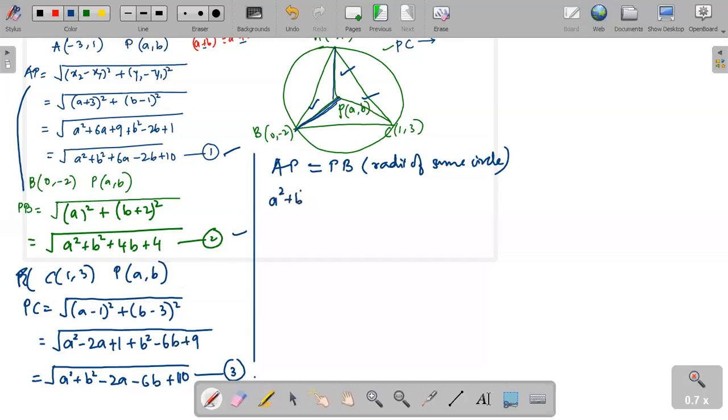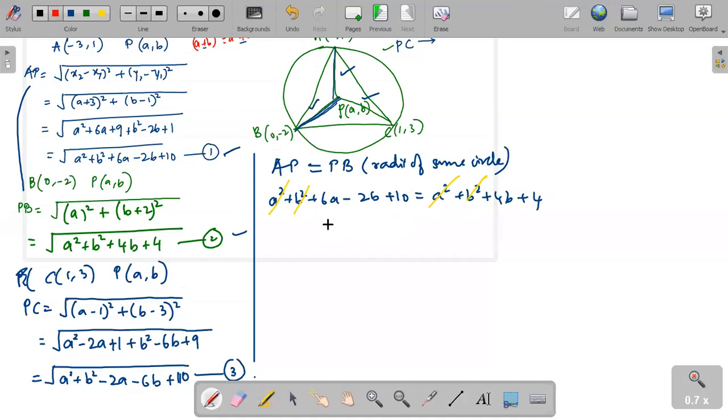a squared plus b squared plus 6a minus 2b plus 10 equals a squared plus b squared plus 4b plus 4. And what will happen? This a squared and a squared will get crossed out, b squared and b squared will get crossed out, and then we are left with one equation.